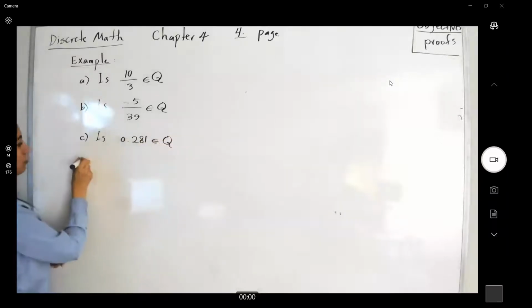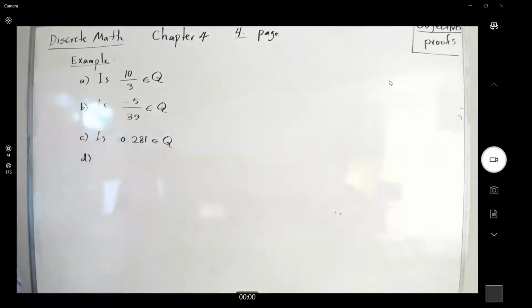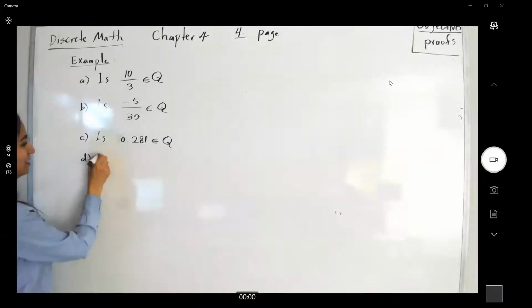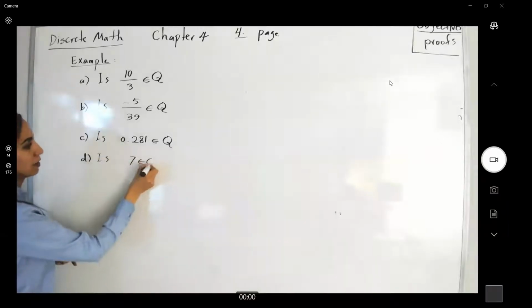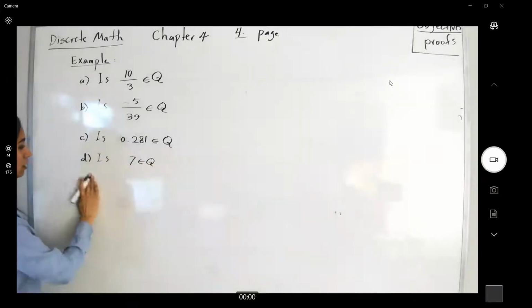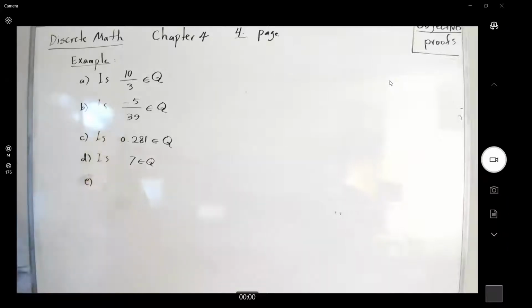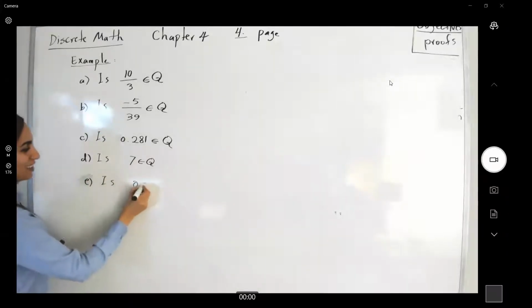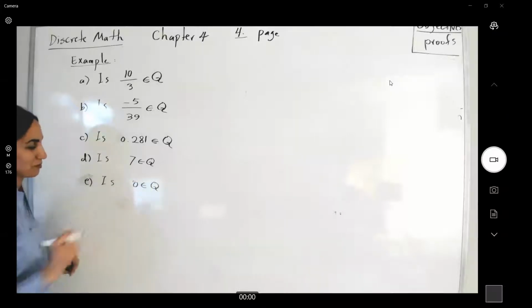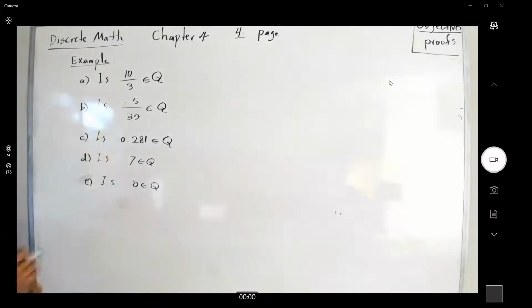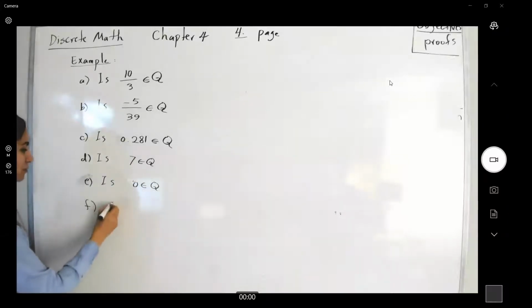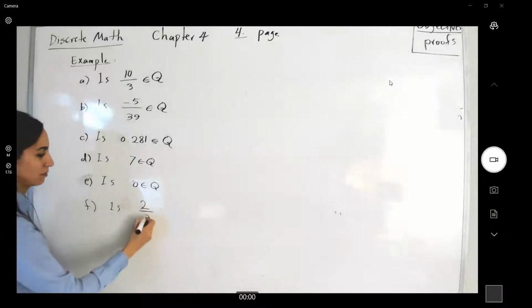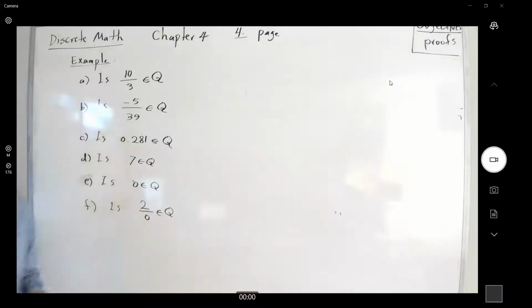D, how about 7? Is 7 a rational number? E, is 0 a rational number? F, how about 2 over 0? Do we have a rational number?